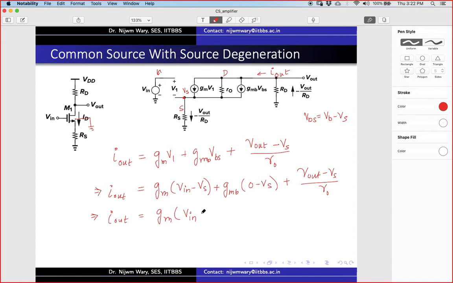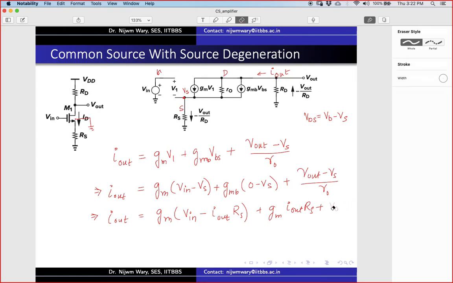GM V in minus this I out into RS, and again plus GMB I out into RS plus V out minus Vs by RO.